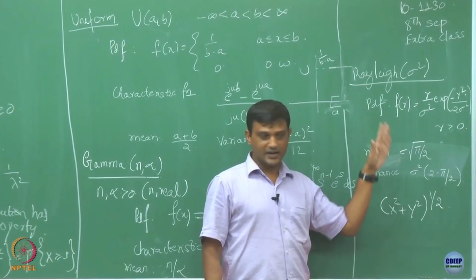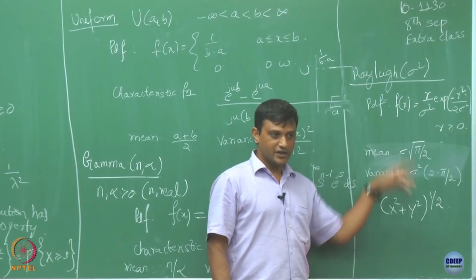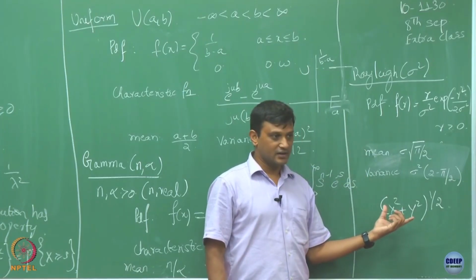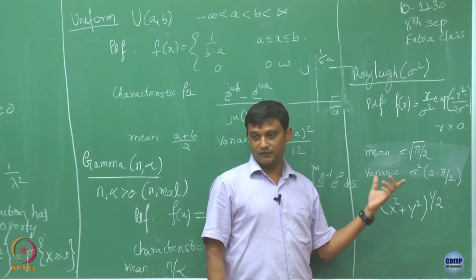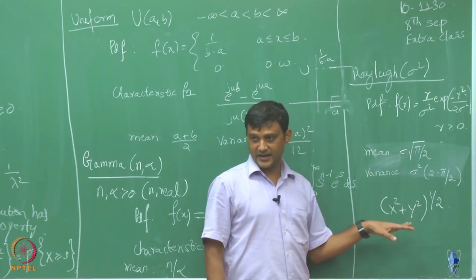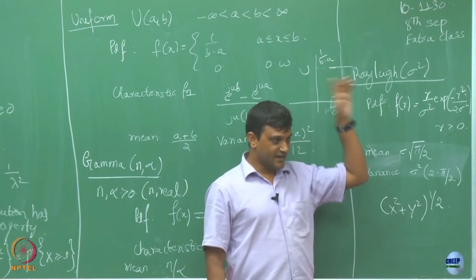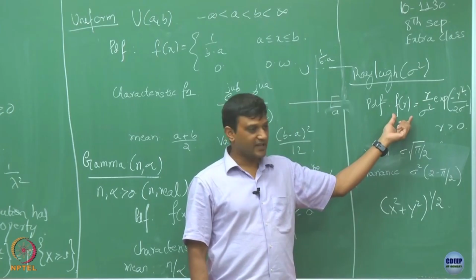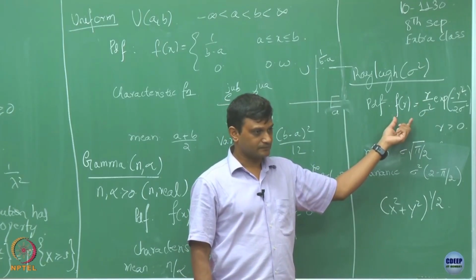Kind of a circle, right? You take the square root of that, and this is kind of a radius of the circle. You want to understand if it has a constant radius. This radius could be varying. You want to understand how that radius is distributed. It so happens that this can be characterized as the Rayleigh distribution.